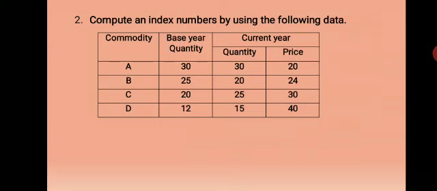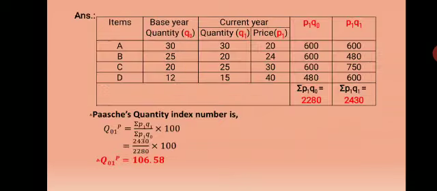Then come to the second question: compute an index number by using the following data. Here the base year quantities are given, then the current year quantity and price are given. According to the given data, the suitable index number is Paasche's quantity index number, so we will calculate it.